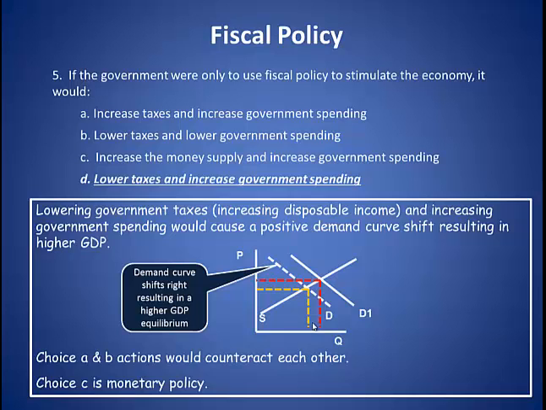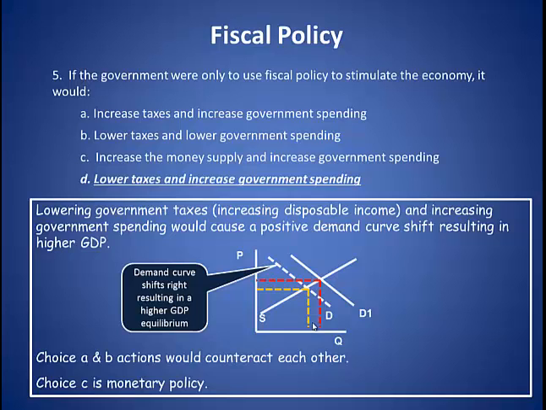If we look at B, lower taxes and lower government spending, we're going to have a higher disposable income, which means we will have a higher GDP. But in the case of lower government spending, the lower government spending is going to result in a lower GDP. So you have these two elements counteracting each other.